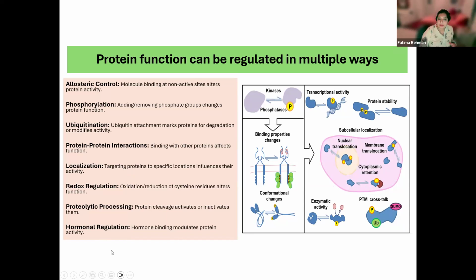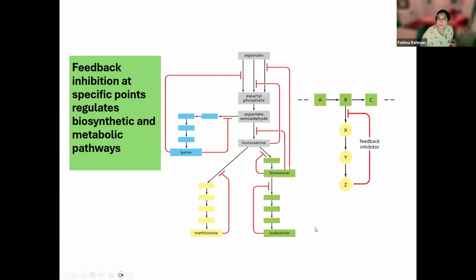In addition, you can have redox regulation through redox reactions to alter the function and active sites of the protein. You can have proteolytic processing, where a portion of the protein is cleaved off and now becomes its own active protein and performs a function. And you can have hormones that bind to different areas to modulate protein function as well.